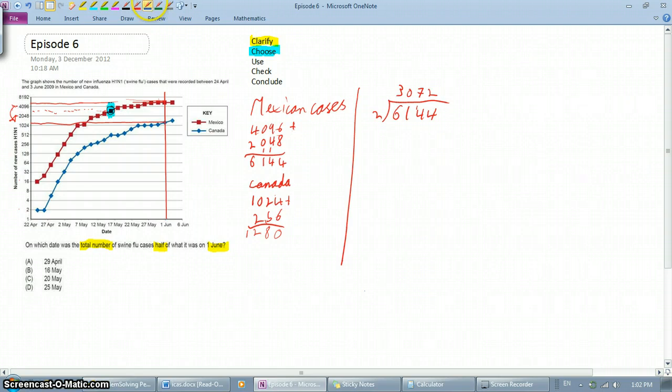I'm going to stop using red pen. So we want half of 1280, 1 doesn't, 6, 4, 0, 640. Now 640 is going to be between 512 and 1024. 640, sorry, is closer to 512 than 1024, and it's actually quite close to it.